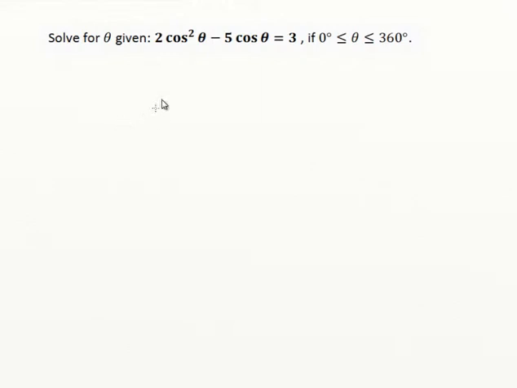The first thing I'm going to do, though, is rewrite this with the 3 moved over. So this is the exact same as 2 cosine squared theta minus 5 cosine theta minus 3 equals 0.